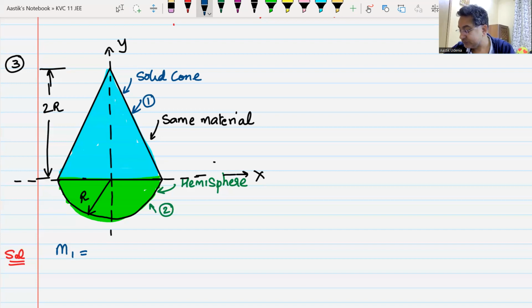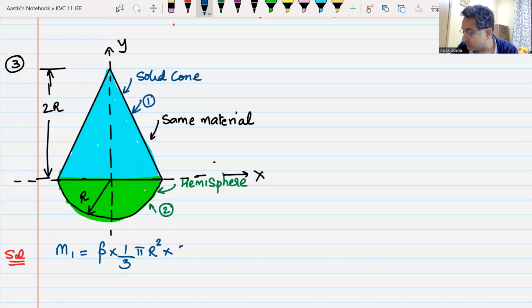Sigma into area? No. Rho, which is mass per unit volume. Cone has a volume, so it is a solid cone. Rho multiplied by the volume of the cone. What is the volume of a cone? One by three pi r square h.